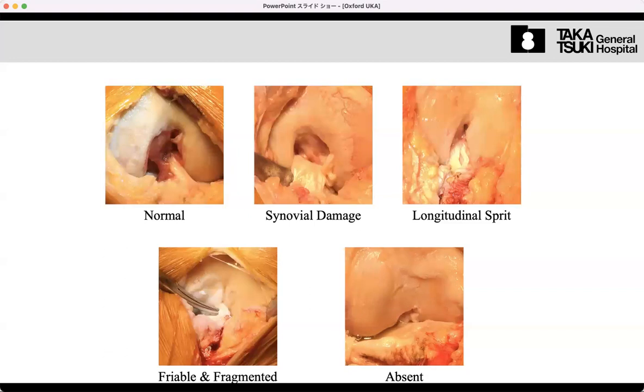So what to do if we find this appearance? We should always prepare some optional operation for such a case. To predict this ACL damage, we can use preoperative MRI. That might be beneficial. So we don't need to give up UKA.